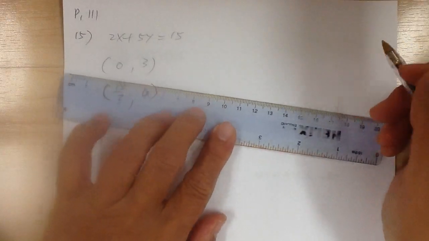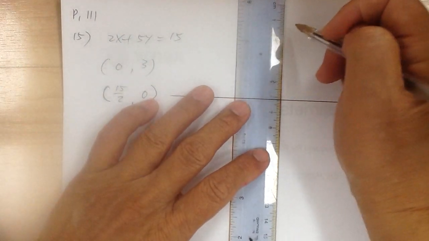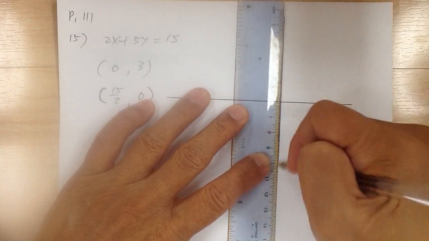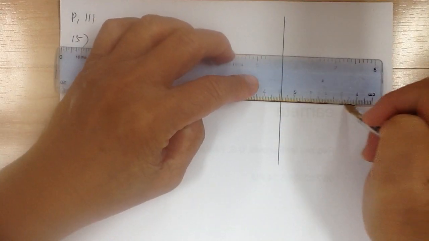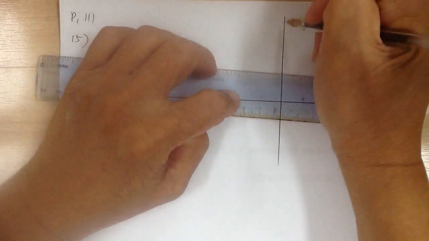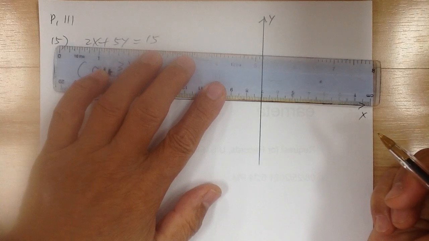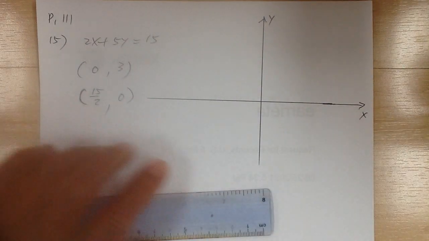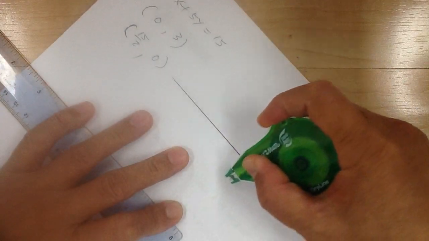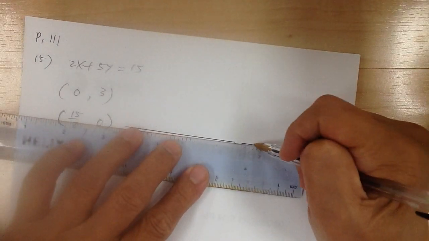Let's go ahead and make a graph. I'm going to run out of space because this is 7.5, so I need to readjust.